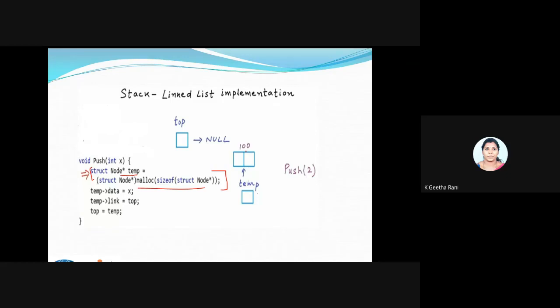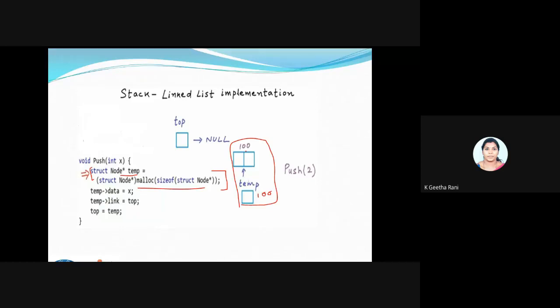This temp will be having an address 100. For this particular process, I'll be using a single line of this. I'm creating a node in my memory using my malloc of type struct. Then I'm pointing this node to a temporary pointer variable temp. Since it's a pointer, I'm using a star node here. I hope it's clear for you.